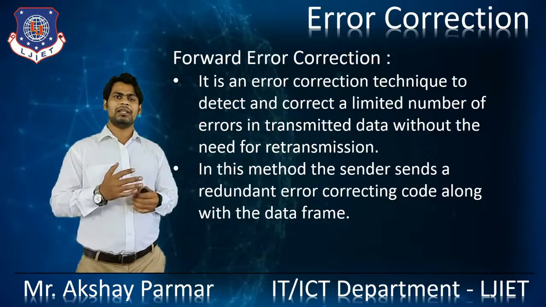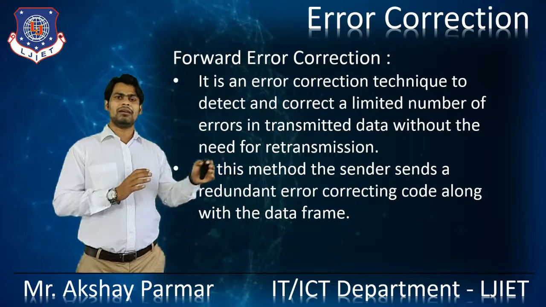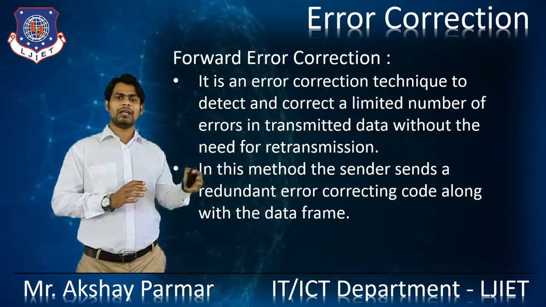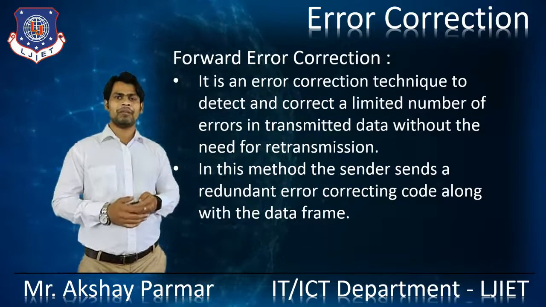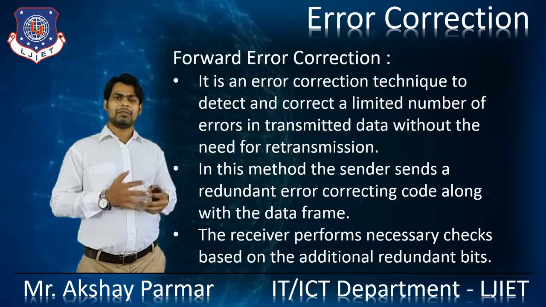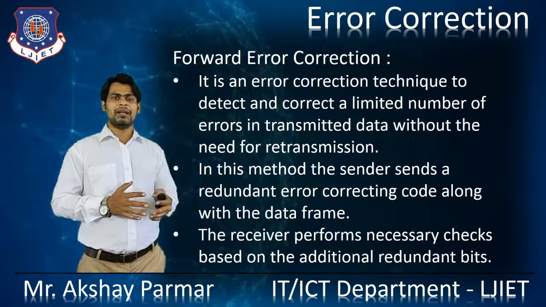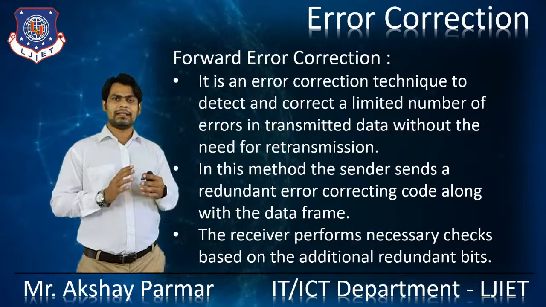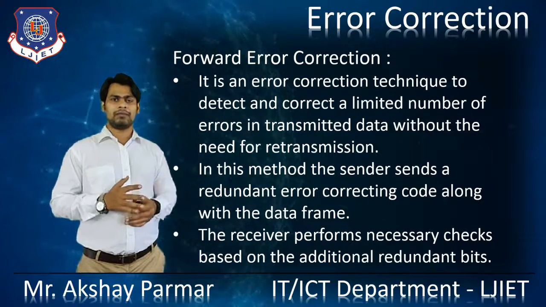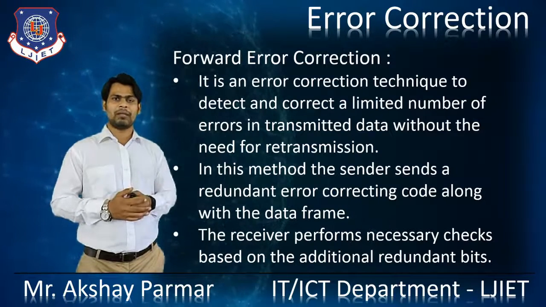The receiver performs the necessary checks based on the additional redundant bits, and it guesses whether an error has happened or not, and if the error is there, how we can recover from it, how we can get our original data.